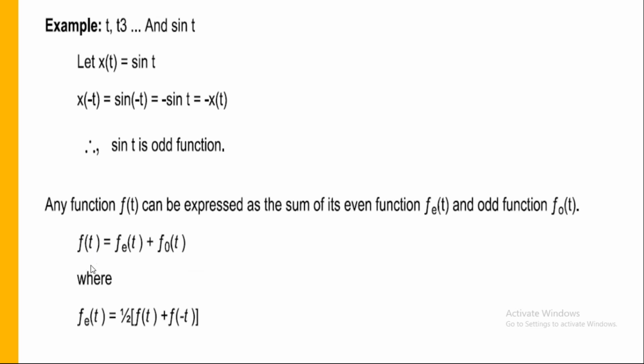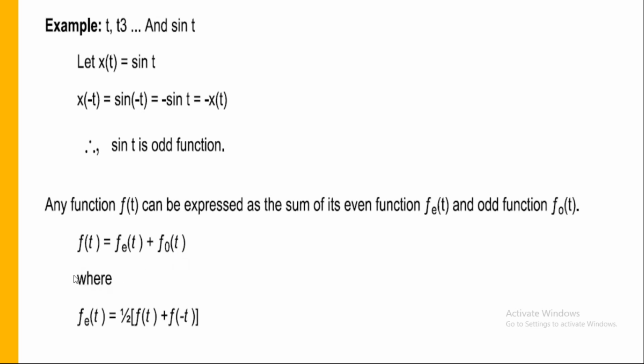If you substitute f of minus t, you are replacing t with minus t. When you replace t with minus t, since fe is an even function, fe of minus t, again you can write it as fe of t only. Similarly, fo is an odd function, so fo of minus t you can write as minus of fo of t.